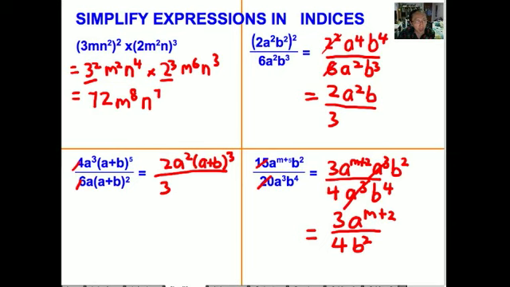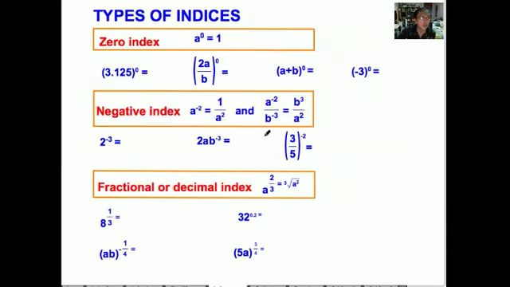Next, we take a look at the different types of indices. The first is a zero index, and anything to the power of 0 is 1, except 0 to the power of 0, which is undefined. Thus, for the first sum, we have equals 1, equals 1, equals 1, equals 1. A negative index is interpreted as 1 over a squared.